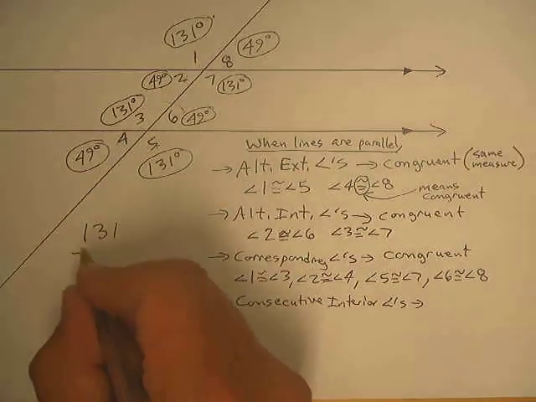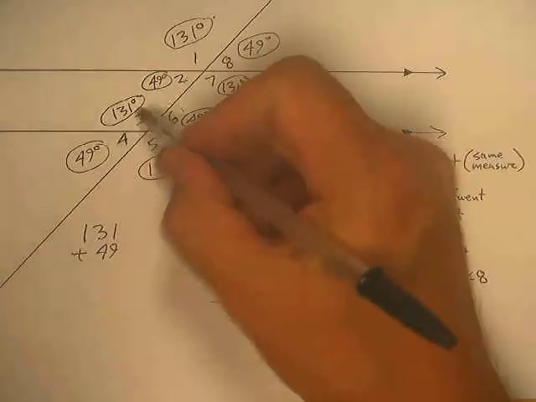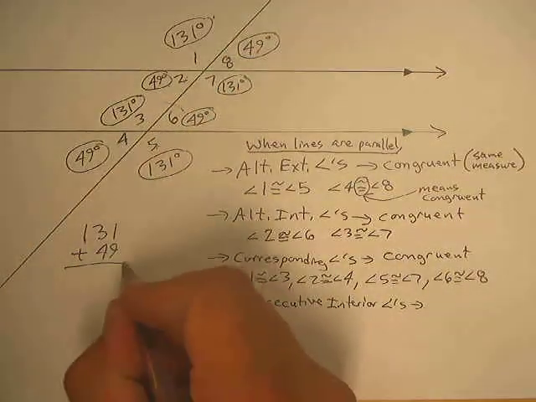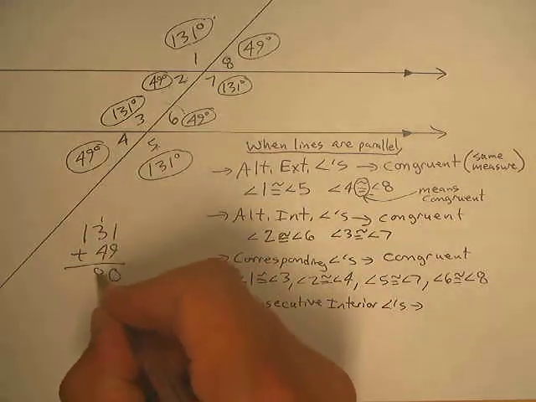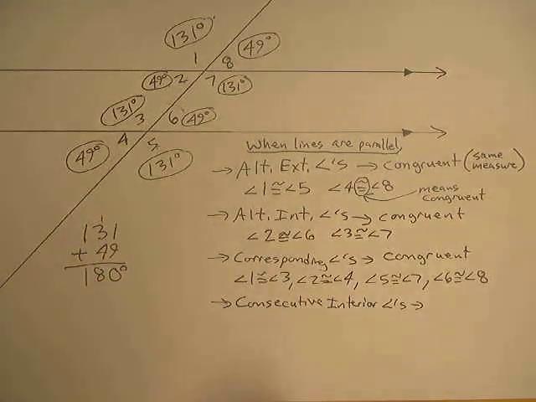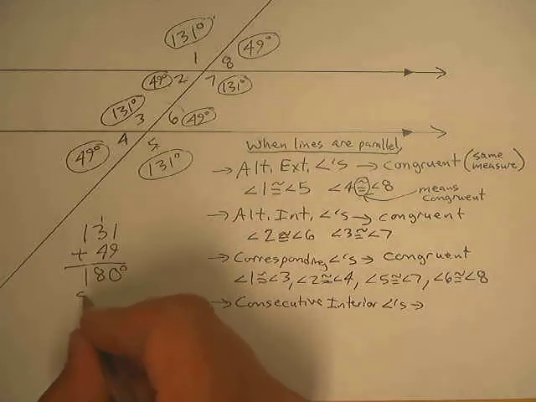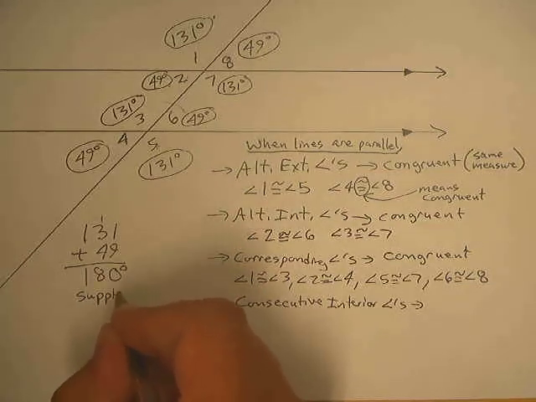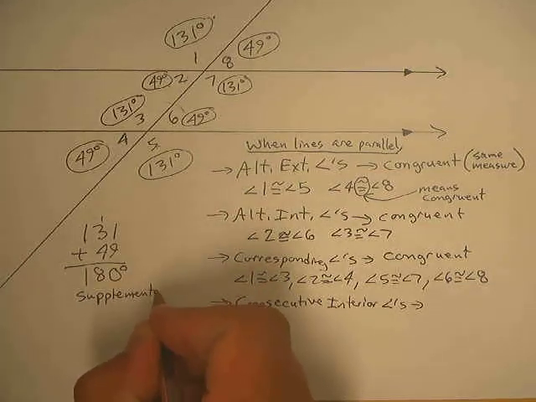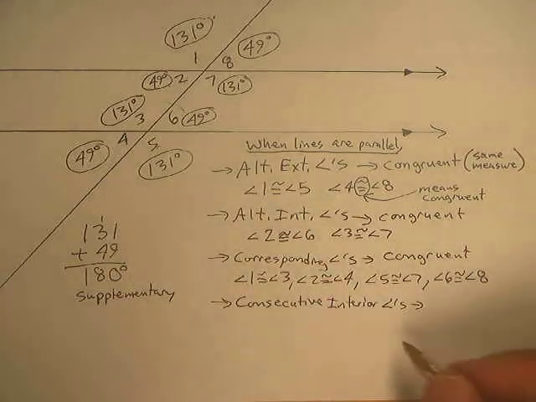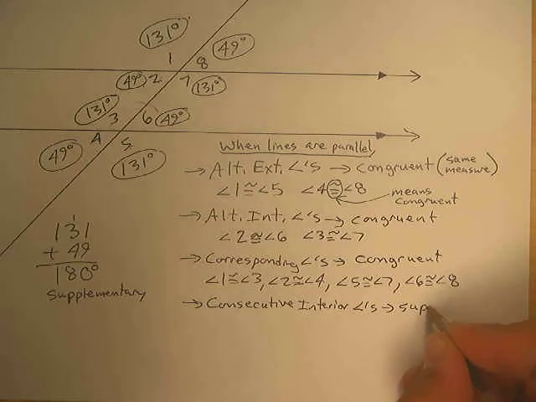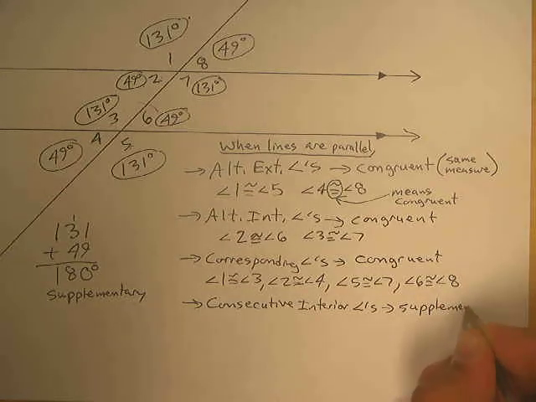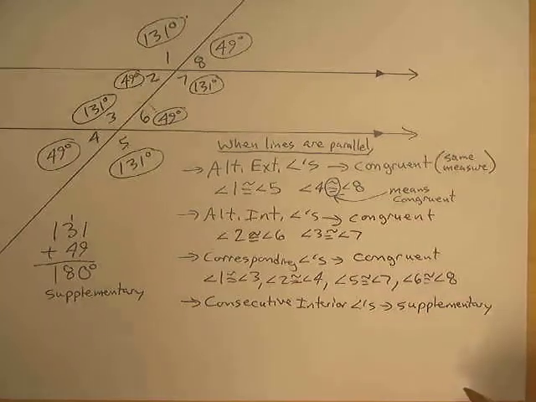Now these are definitely not congruent, right? 49, 131, but they do have a relationship. I took 131 and added 49 to it. 9 and 1 is 10, 0, carry the 1. They add up to 180 degrees. And that means they are supplementary.